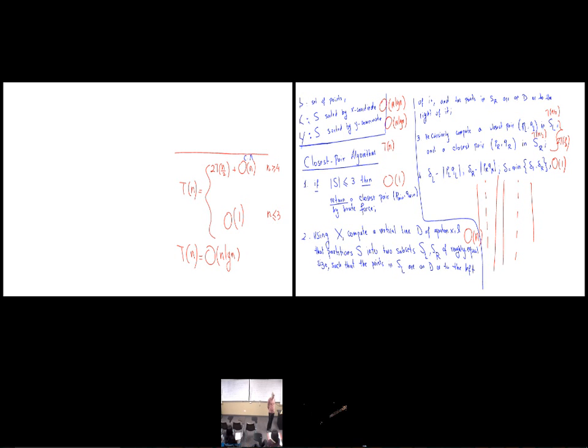Not necessarily equal, proportional. So it could be n over 3, 2n over 3, n over 100, 99n over 100. That will still give you logarithmic depth. If you divide into two problems of roughly equal size or proportional size, you get logarithmic depth.